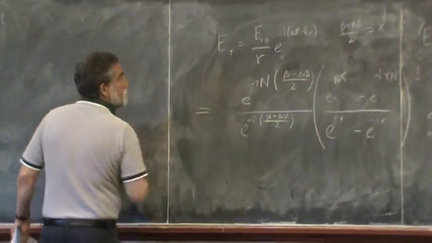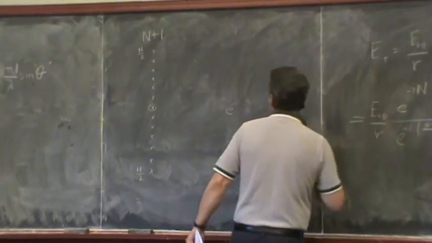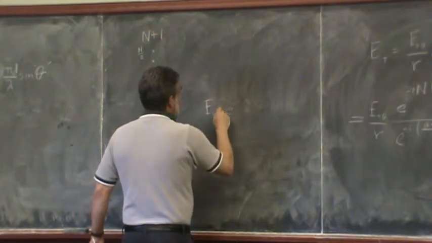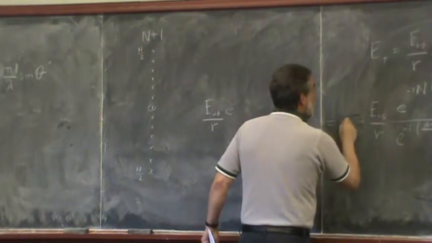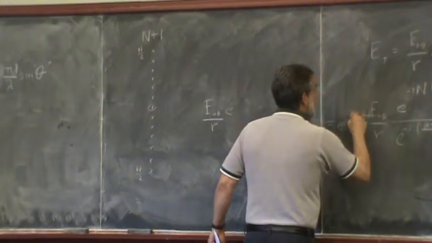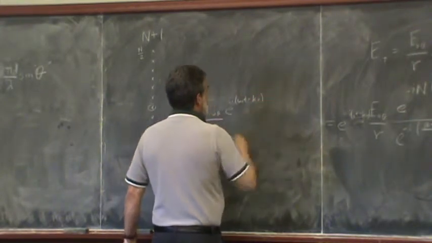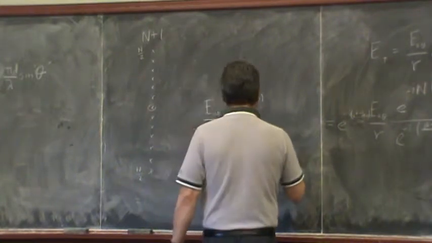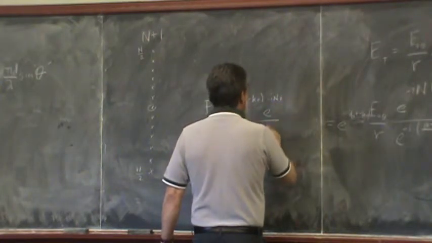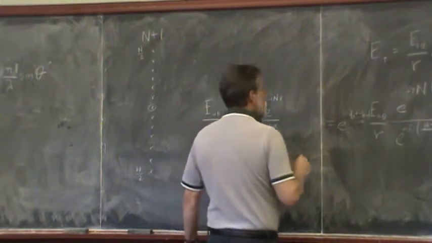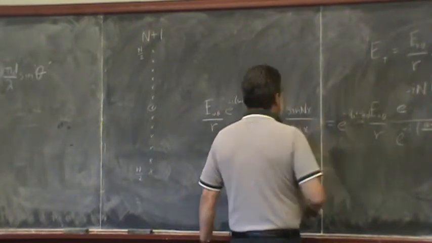So this is equal to, oh, I dropped E0 theta over r, e to the, the traveling wave, times e to the minus i n x over e to the minus i x, times sine of nx over sine of x.